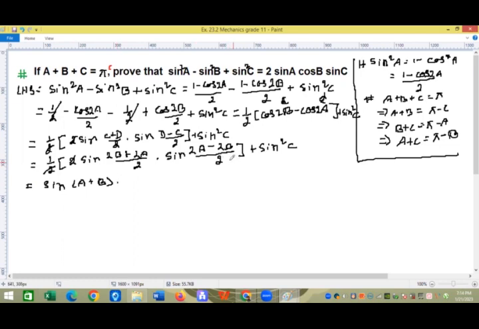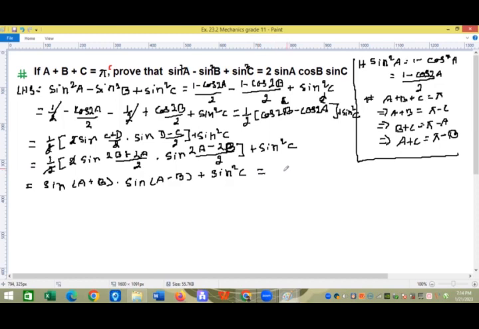And then 2 will be again common here, so 2 in the numerator and denominator got cancelled out. So here it is sine a minus b. Alright, and plus sine square c.